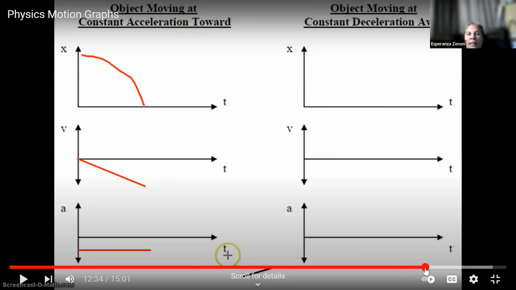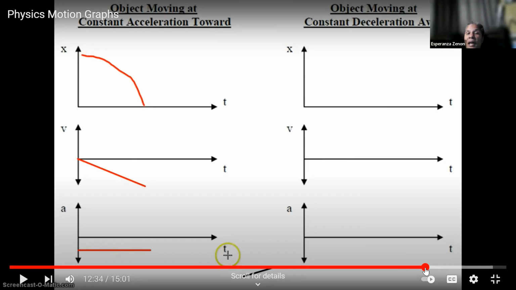If the object has a constant acceleration, that means the VT graph is going to be linear, but notice that because this object is moving toward, the VT graph slope is negative, okay?